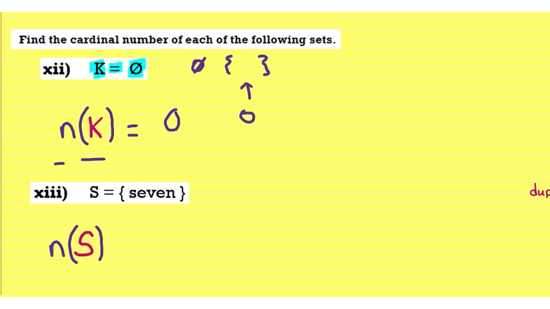Now we have the set S is equal to the word 7. So the word 7, it is just a single word. So the cardinality of the set S is equal to 1.